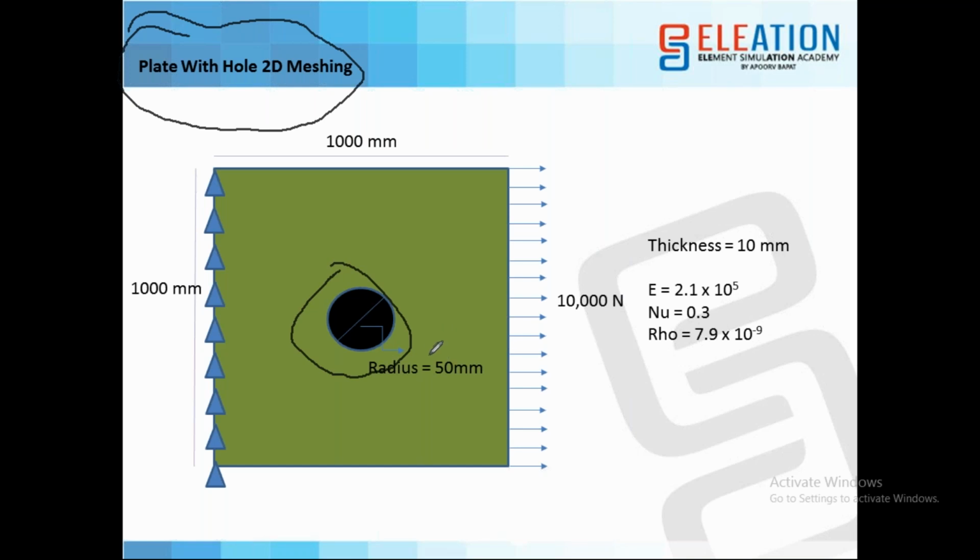So the radius is 50 mm. The thickness we need to consider for this plate is 10 mm, and these are the material properties we are going to use.